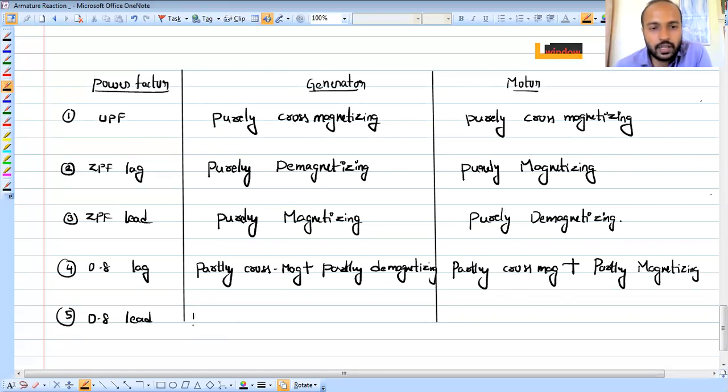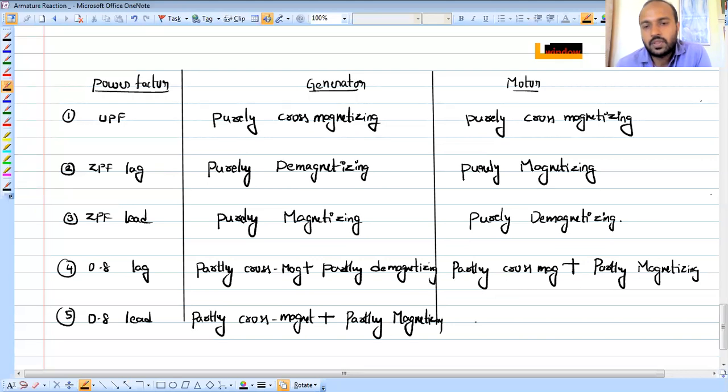So 0.8 leading, again it is partly cross magnetization plus partly magnetizing for generator. In case of motor, it is partly cross magnetization plus partly demagnetization.